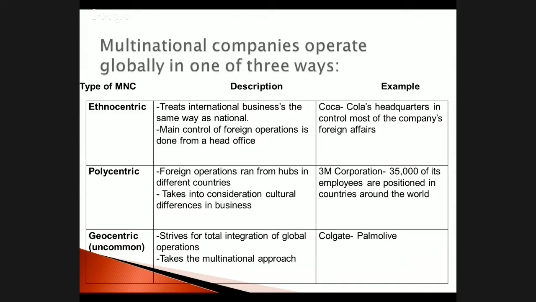Then we've got polycentric. With a polycentric multinational, foreign operations are run from hubs in different countries, so they take into consideration cultural differences in business. 3M Corporation is a good example of that because 35,000 of its employees are positioned in countries around the world.